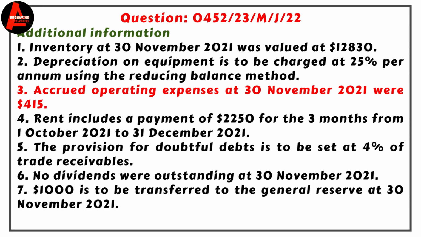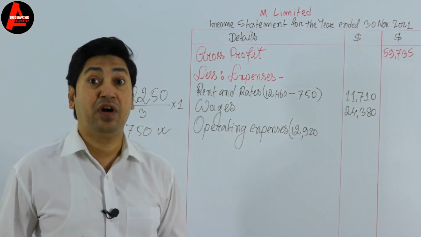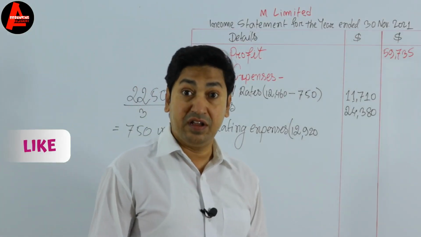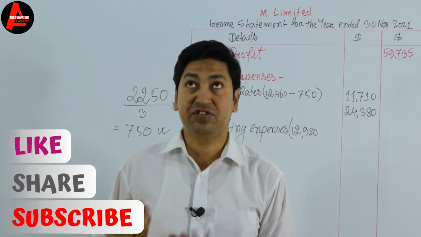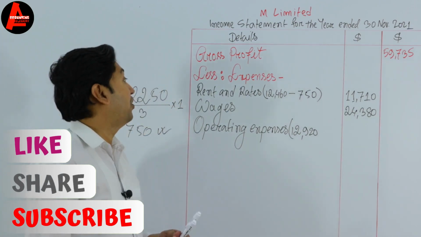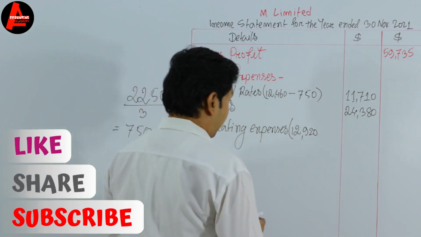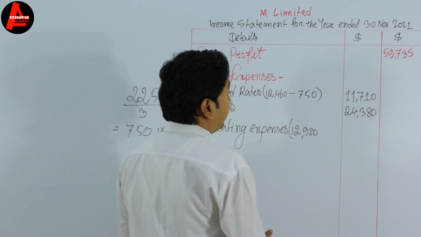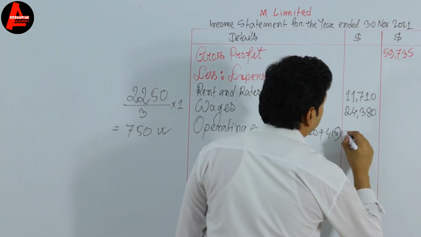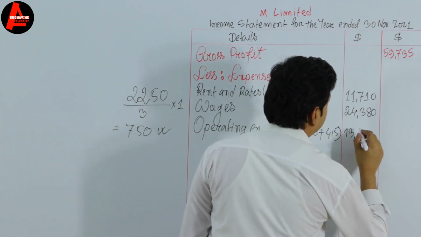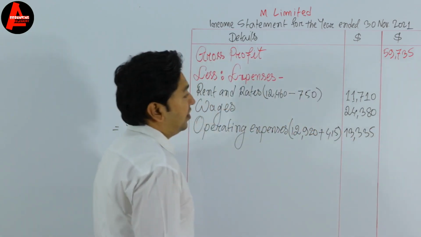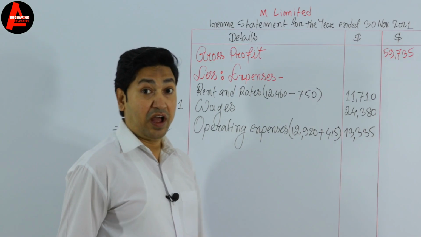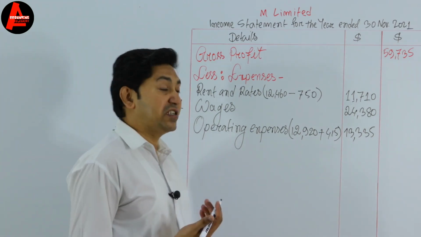Accrued means outstanding, due, unpaid, arrears, owing. This all means the same. So here it is written accrued, so we will add. So let us write here plus $415. So after addition we get here 13,335, right?